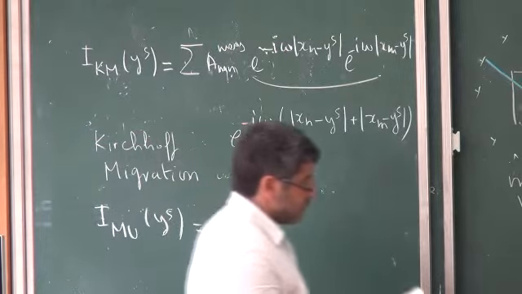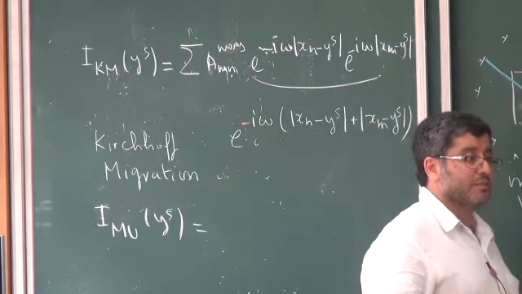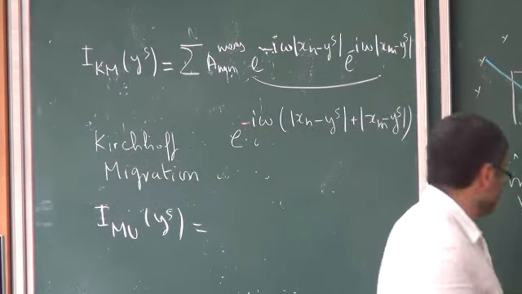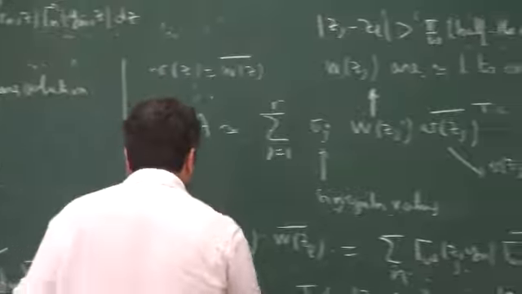Weighted subspace migration is to use only the signal space and not the whole matrix. So what is the signal space of A? It's here. This is the signal space here.